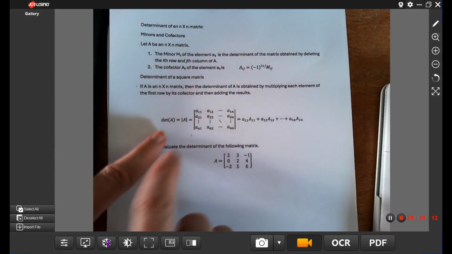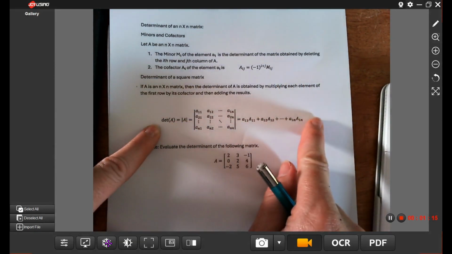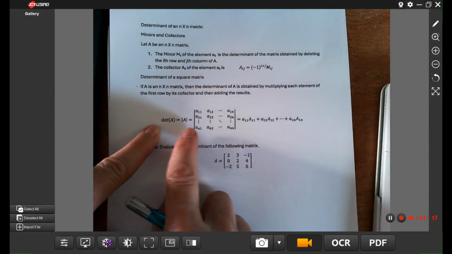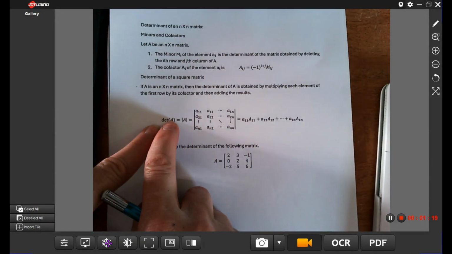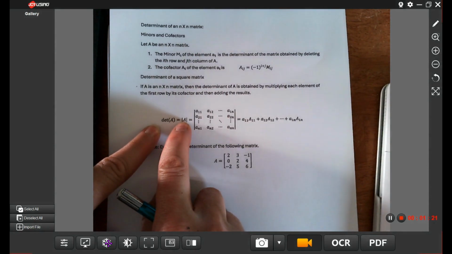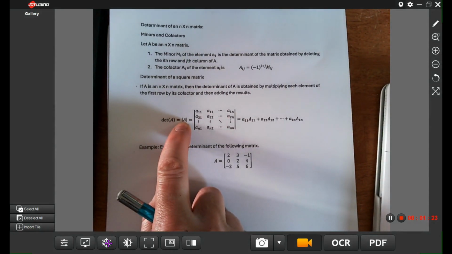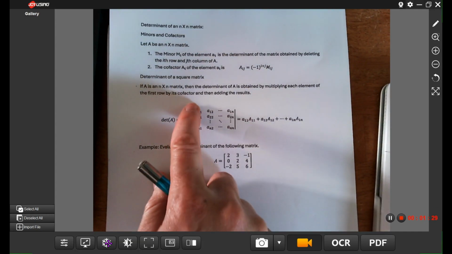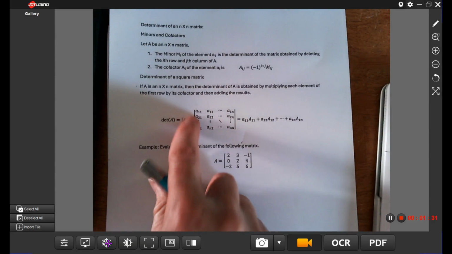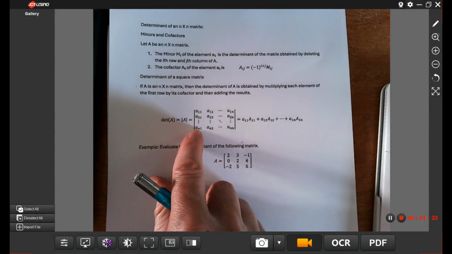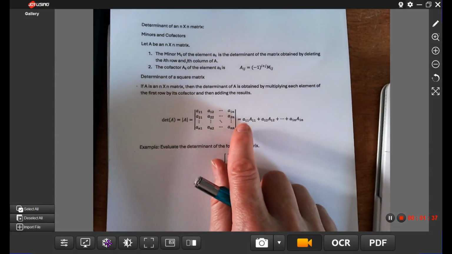So here it is written out in a different way. The determinant of matrix A can also be written with absolute value bars around the name of the matrix A, or with the absolute value bars around the matrix with all the entries displayed.